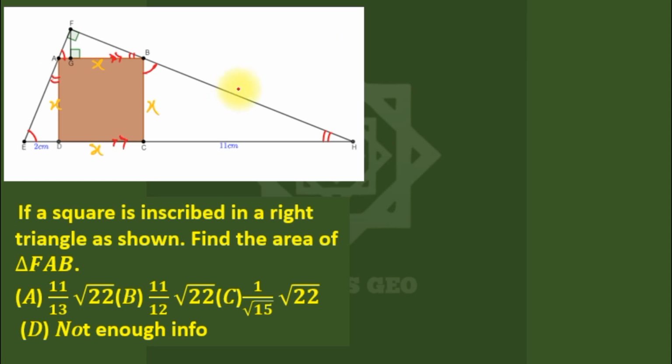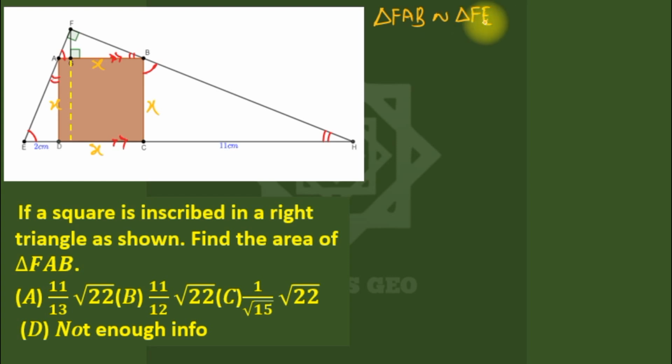So if we add an auxiliary line, so I've added this auxiliary line. So we'll compare this triangle, the one we are looking for, triangle FAB, which is similar to the big one, which is triangle FEH.